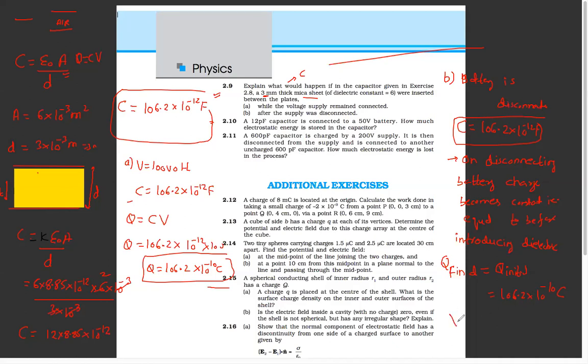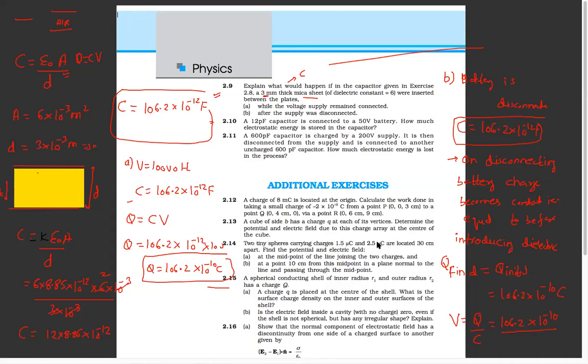Now you can calculate potential. Potential will be charge divided by capacity. Sir, 106.2 was capacitance, right?